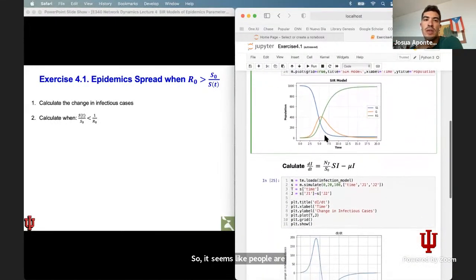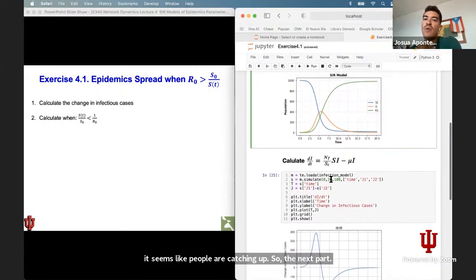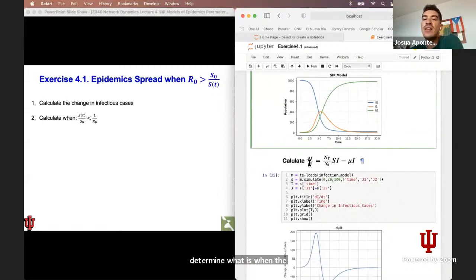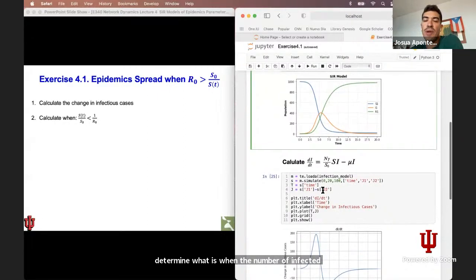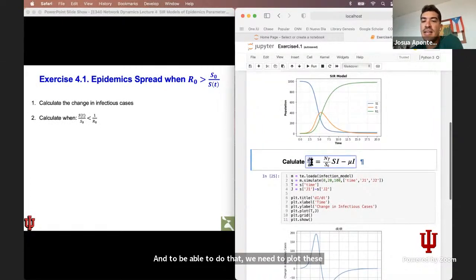So the next part, what we want to do now is, as I mentioned, we want to determine when the number of infected individuals starts decreasing. And to be able to do that, we need to plot this dI/dt.